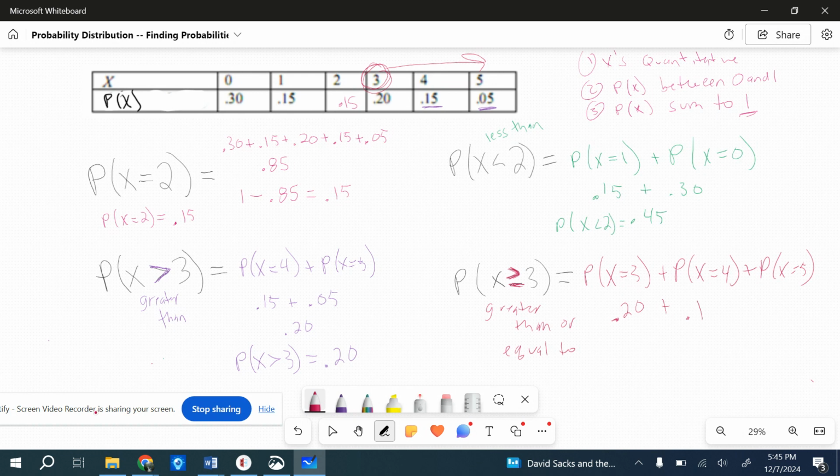Plus 0.15 was this number. So I started with my 0.20, then my 0.15, and then the probability that x is 5 is 0.05. And I add those all together to get 0.40. So the probability that x is greater than or equal to 3 is 0.40. And that's all there is to it.